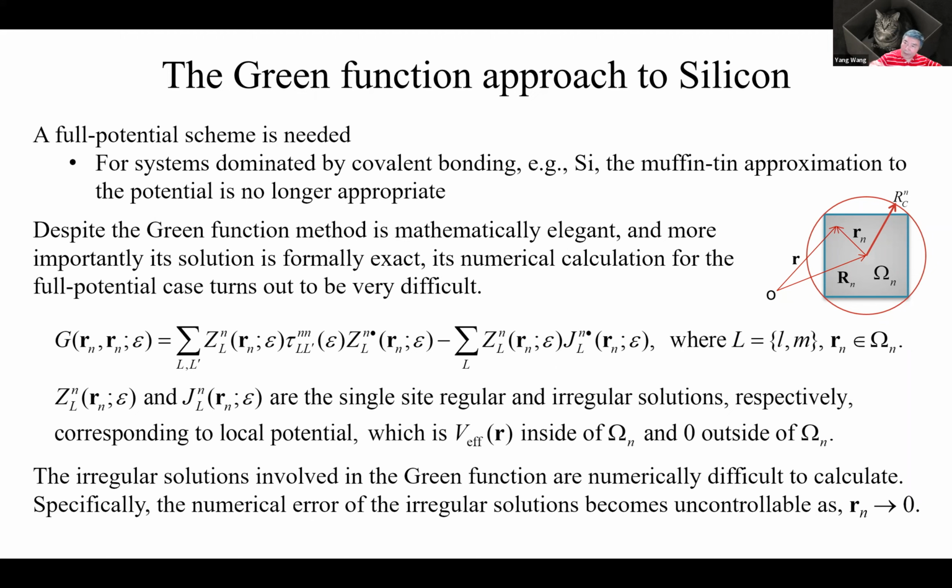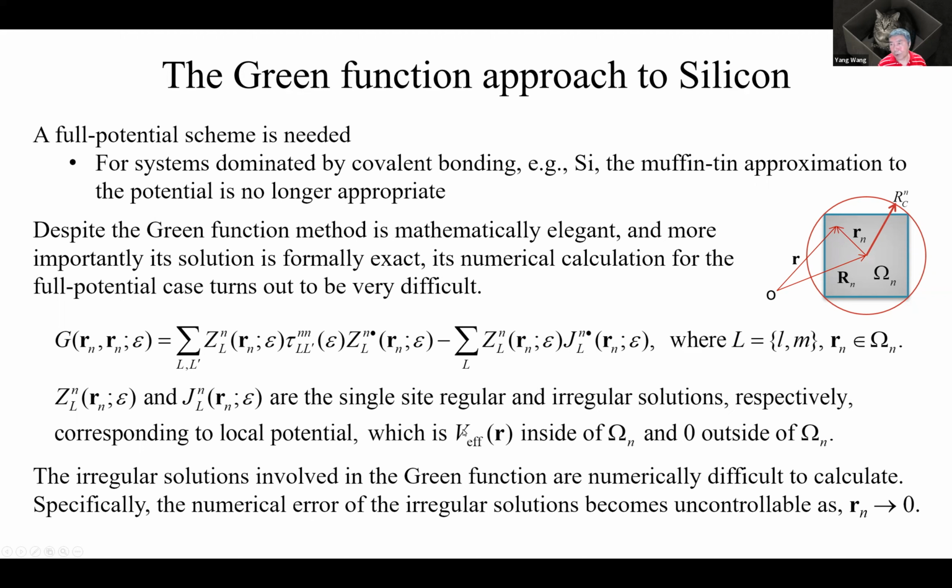When you solve inward and approach the origin, the center of the cell, near the nucleus, the irregular solution will blow up. The numerical error is very difficult to control, so it becomes problematic. You can get a kind of solution, but it's not forming a proper Green's function. So that's the difficulty everyone faces.